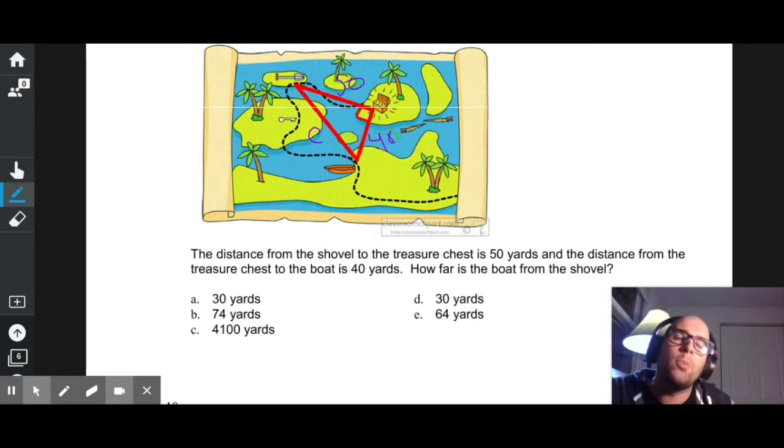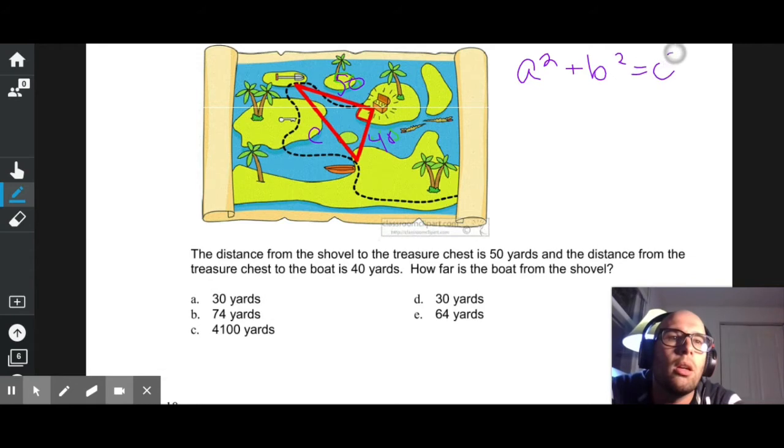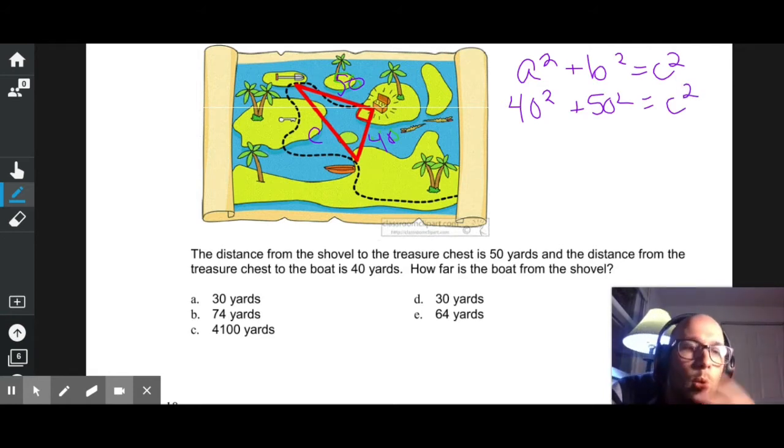That's 40. A squared plus B squared equals C squared. I'll let 40 be A. 40 squared plus, I'll let 50 be B, B squared equals C squared, which is what I'm trying to find. I don't know the longest side.